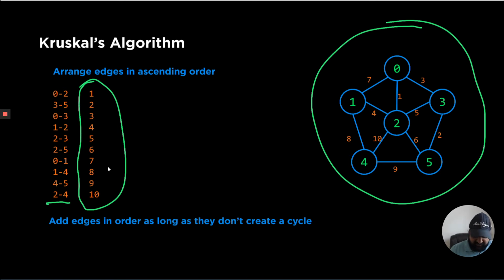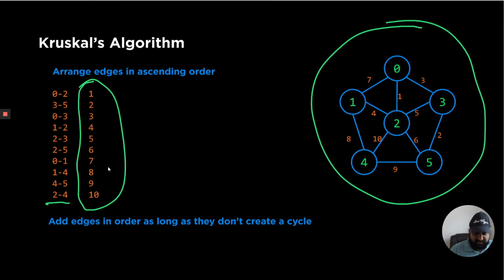But if these edges had some non-unique weights, like instead of 5 and 6 there were two edges with 5, then this algorithm can have multiple minimum spanning trees depending on its implementation. So how this works is, we create a new tree from our original graph such that there are no cycles.